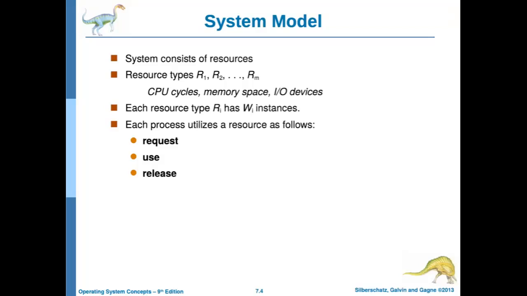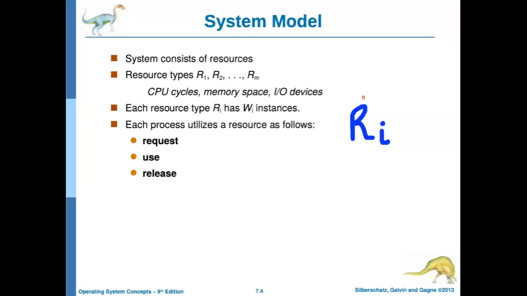Resources are denoted by R. So let me try to write it here. It is very small, so it is something like this, R. So these are the resources. In general, we'll denote it as Ri. Okay. Now this is the resource type.